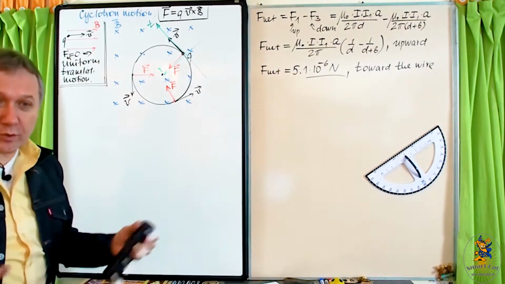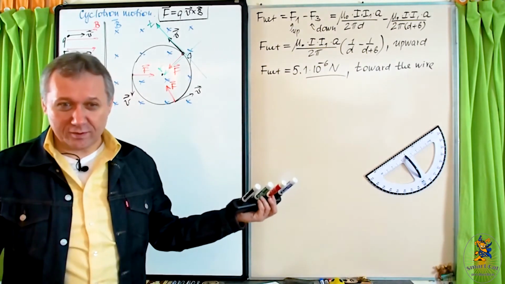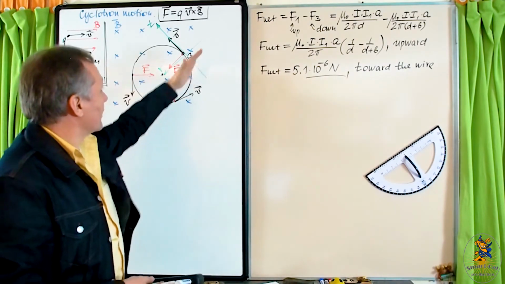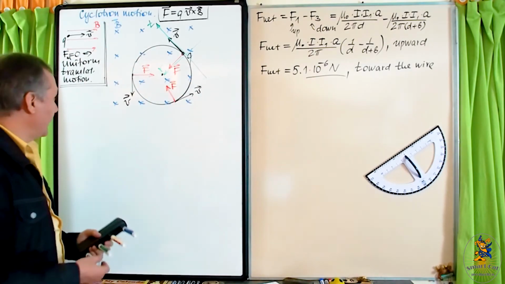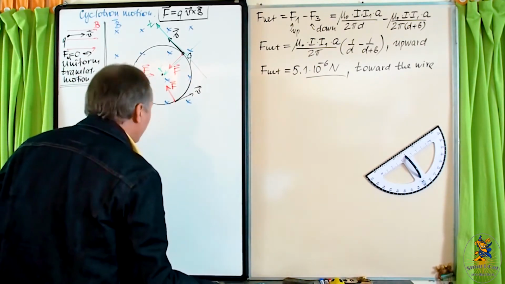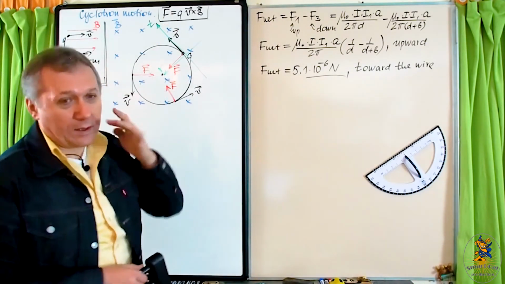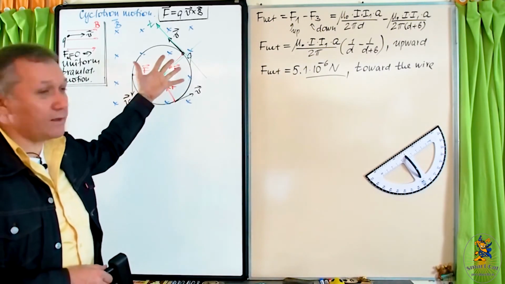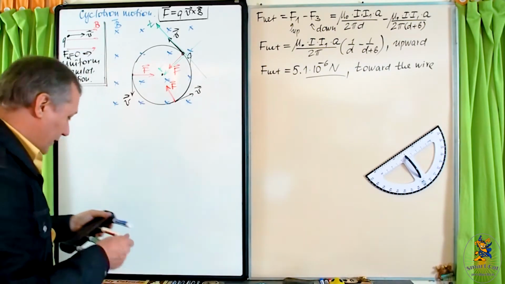Okay, and now in order to describe any motion, what can be used? Universal law, Newton's second law. Let's apply Newton's second law for both of these directions, R and T, like we've done many times in Physics 1. But before I start applying Newton's second law, let me write explicitly the direction and magnitude of the force.